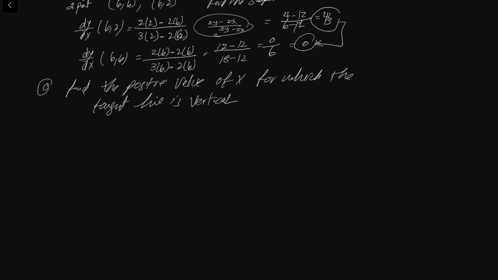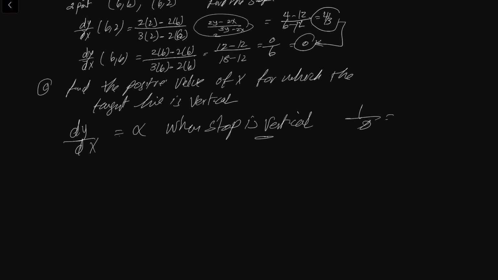So the slope of the tangent line should be equal to infinity when the slope is vertical. So now we're going to try to find 1 over 0 equal infinity. That's the rule, just to learn for now.